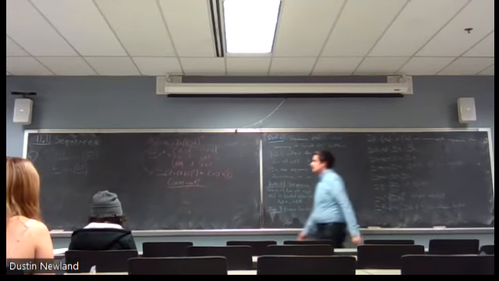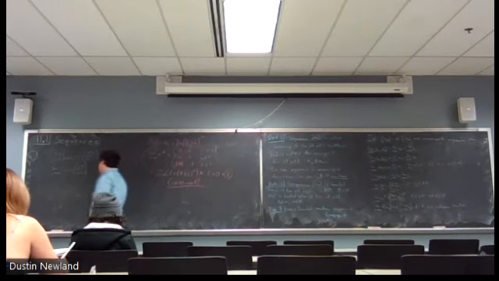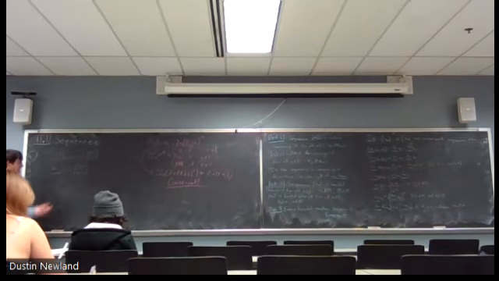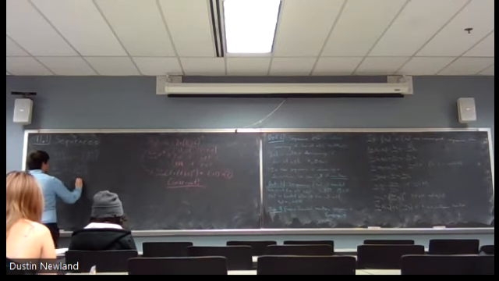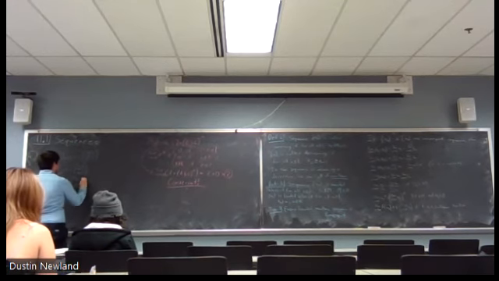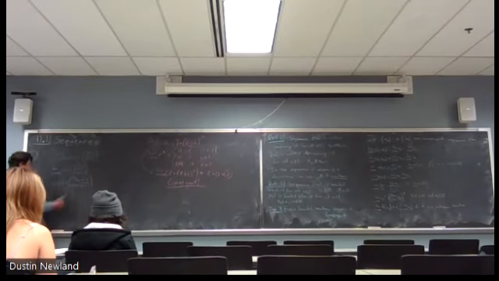Is cosine a continuous function? Yes, it is. It's a really good example of a continuous function. So this is the same thing as the cosine of the limit as n approaches infinity of n pi over n plus 1. Okay? What is the limit as n approaches infinity of n pi over n plus 1?